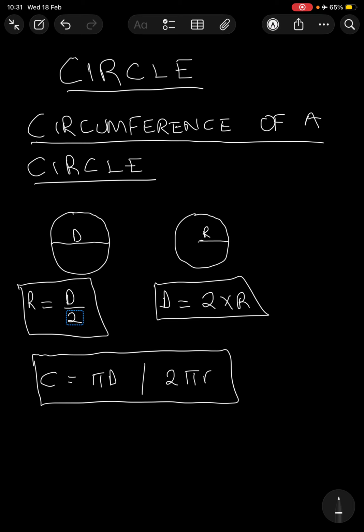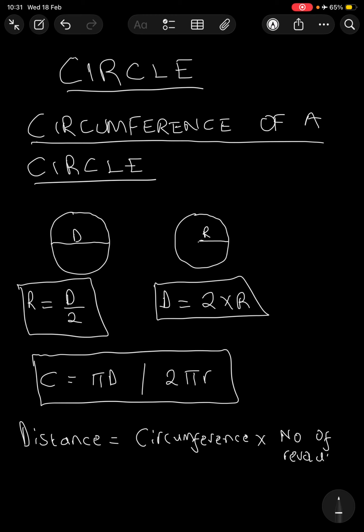Next, we have another formula which is related to circumference. It is distance is equal to circumference times the number of revolutions, or they can use rotations, or they can use the number of laps.